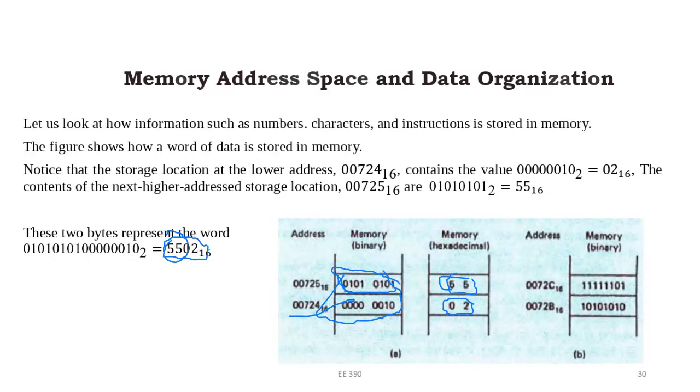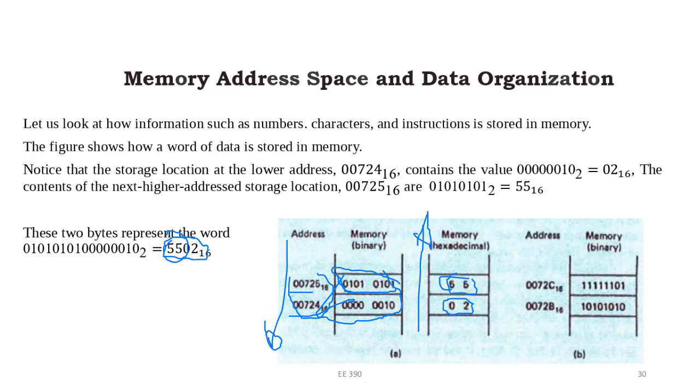Whether you draw it moving forward or moving downward doesn't matter. So the address number is what matters. If you write this one as 0074 here and 075 there, it's okay. The main thing is the number, which tells you which is the higher memory location and which is the lower.